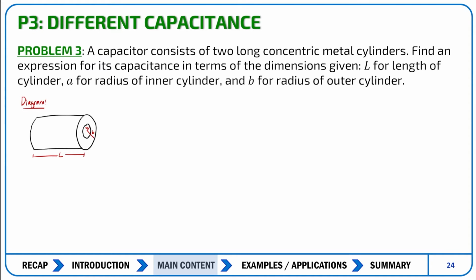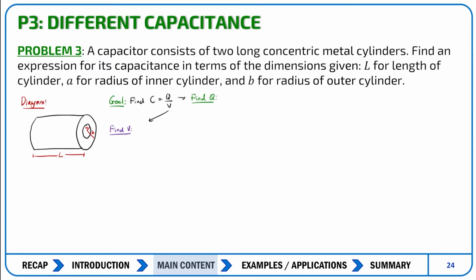So our goal is to find C. And we know that C is equal to Q over V. So that means we're going to have to first find Q, and we also will have to find V. So let's start off with finding V. Finding Q will be simple afterwards.